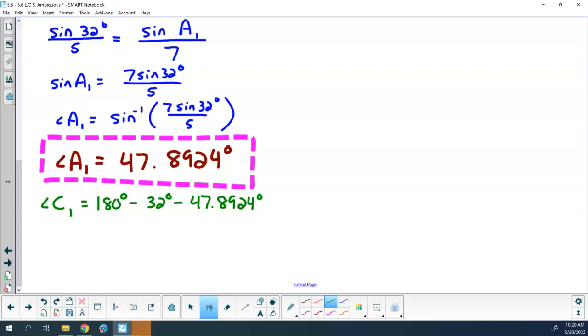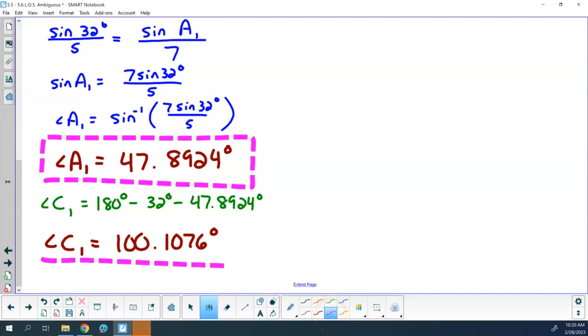And that's going to give me angle C sub 1 is 100.108. Actually, 1076. Agreed?